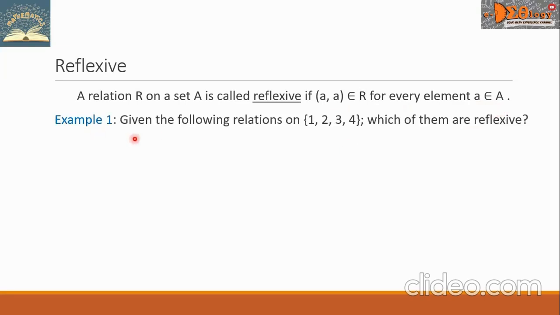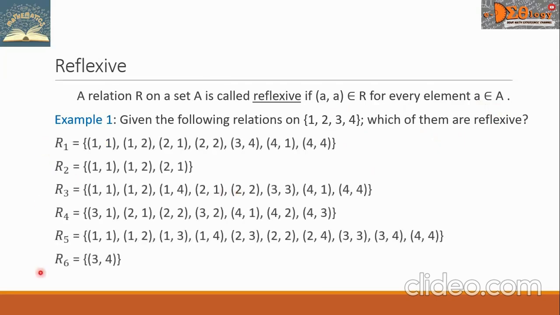Example 1. Given the following relations on the set {1, 2, 3, 4}, which of them are reflexive? We have here 6 relations. Relation 1, the ordered pairs start with (1, 1) up to (4, 4) respectively.